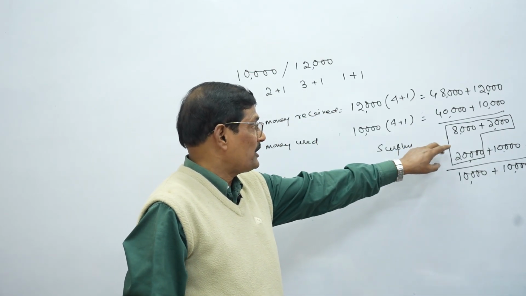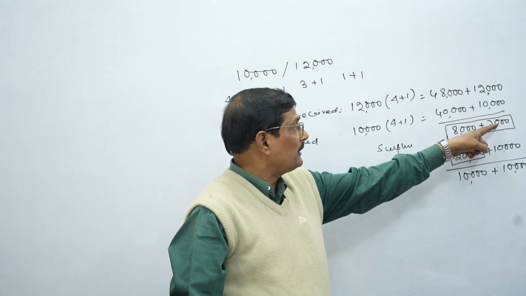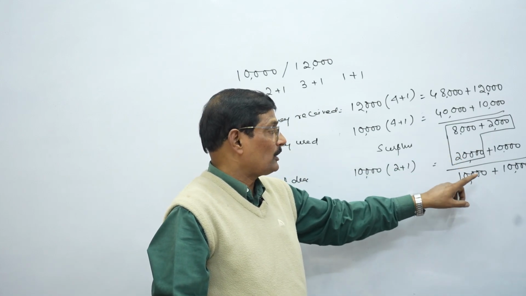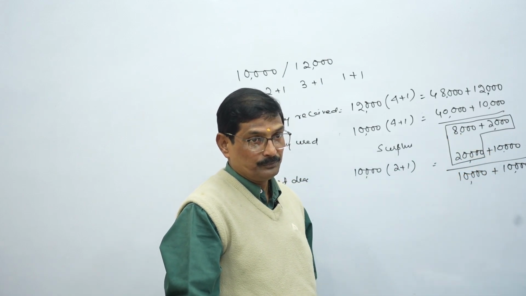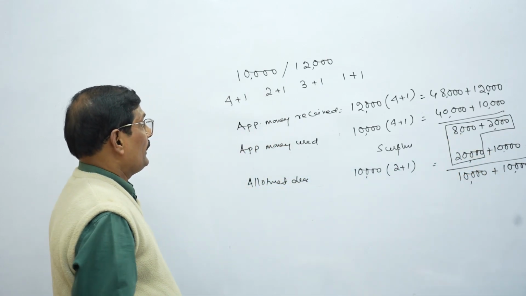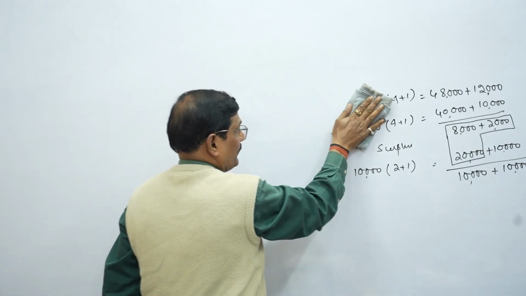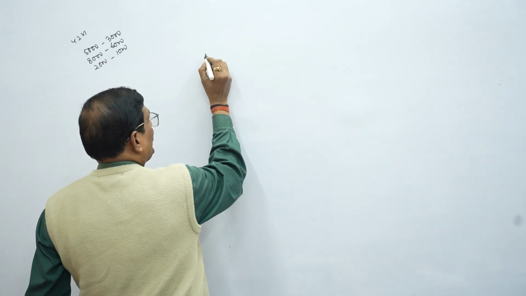So instead of adjusting this 8,000 against this 20,000, adjust the entire 10,000 against 20,000 capital amount due, and 10,000 still it is due or receivable, and premium is also due.